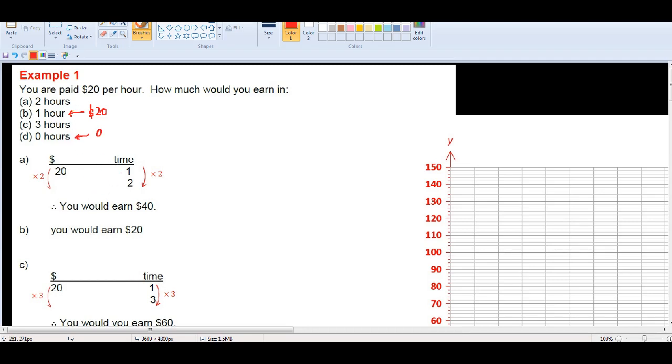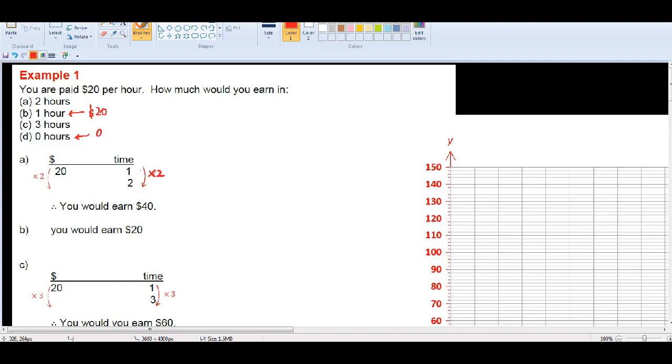We could use double line methods like what we did last time. You write two columns. The first column is the pay in dollars. The other is time, in terms of hours. And you know 1 hour, $20. So you write the first pair of numbers, which is from the question. Now you are going to have 2 hours. Then you need to work on the ratio between the 1 hour and 2 hours.